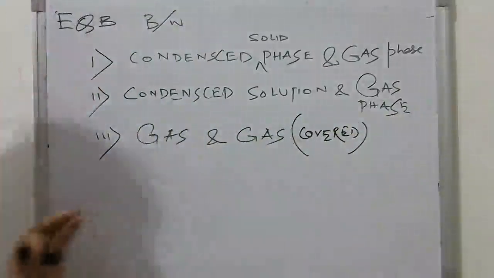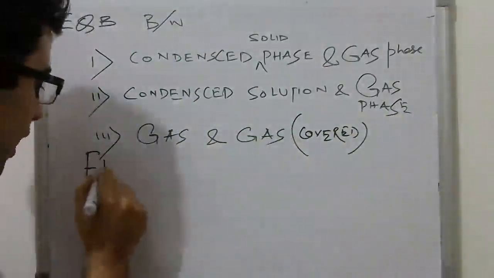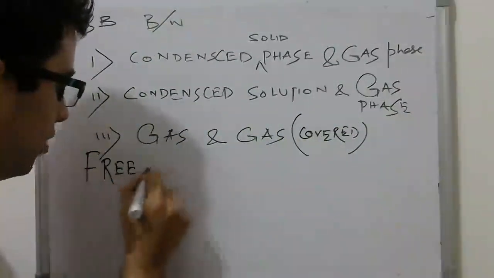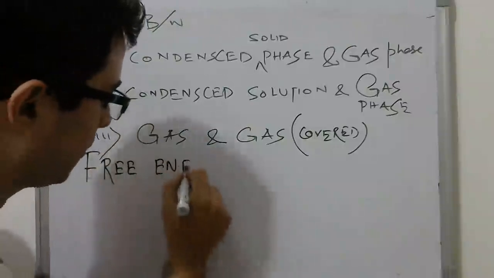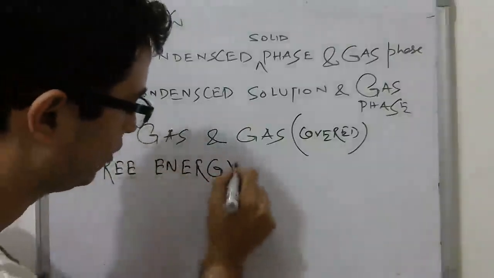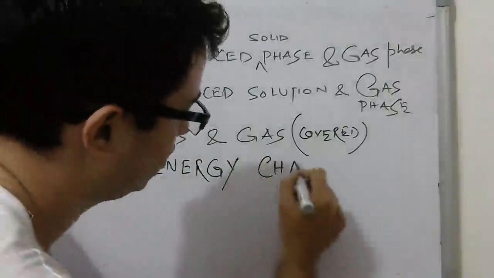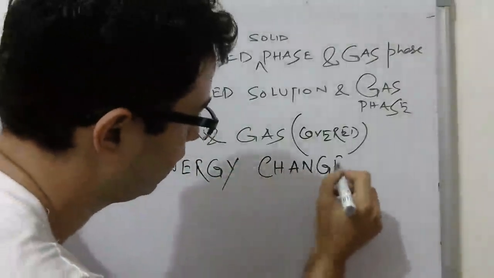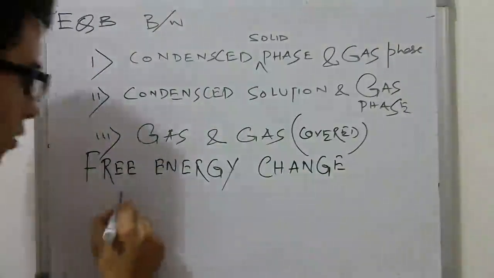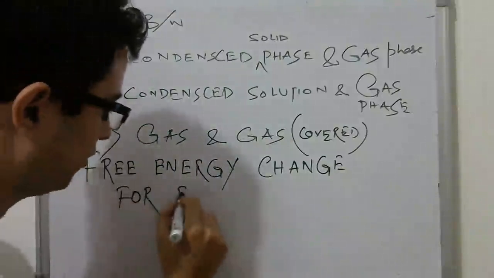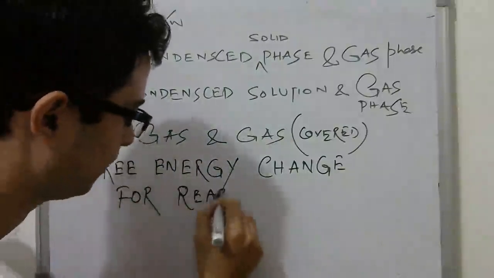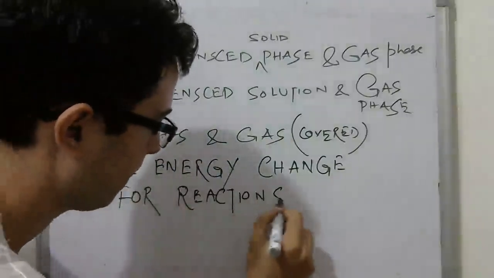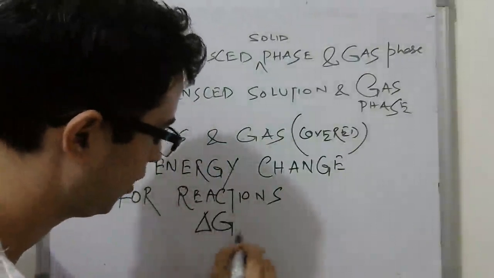For all this, we are going to calculate the free energy change for the reactions. So delta G.